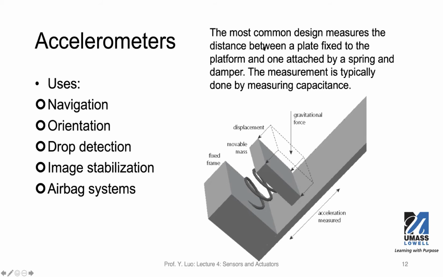And the measurement is typically done by measuring the capacitance between this movable piece and the fixed frame. Based on the distance between these two pieces, they will produce different capacitance, which can then be measured. So that's essentially how we measure the acceleration in a given platform, in a given direction.